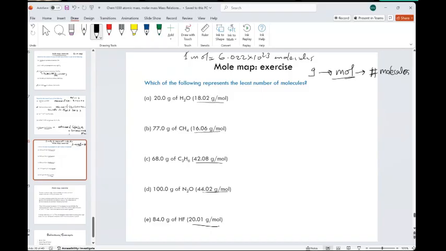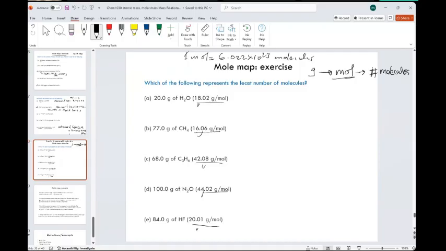Because molar mass is already given, to find out mole, you just divide by that molar mass value. So these are all molar mass. So easily you can find out the number of moles.